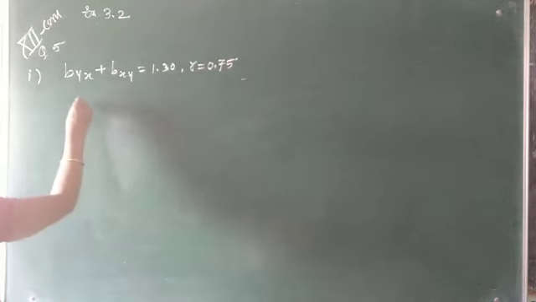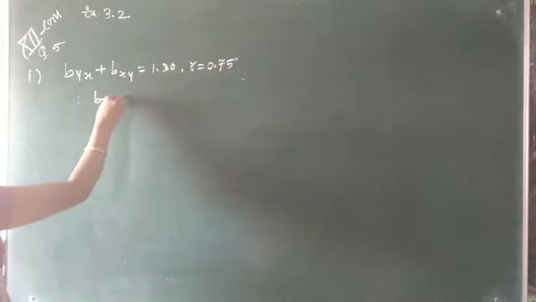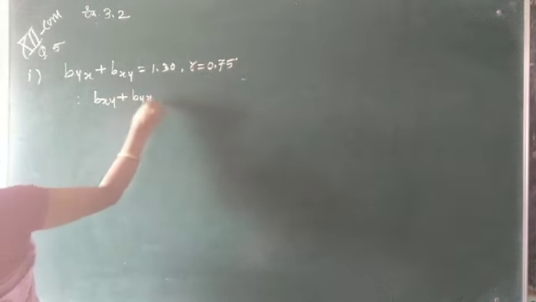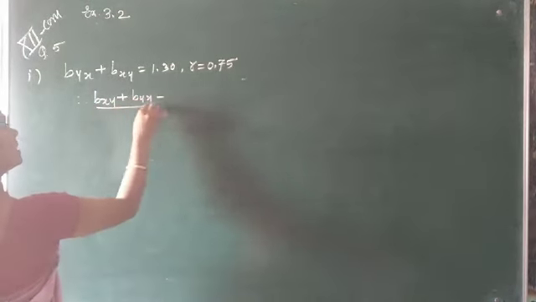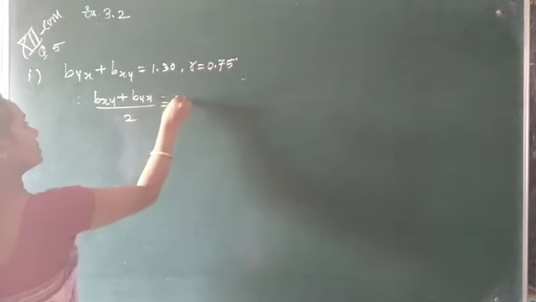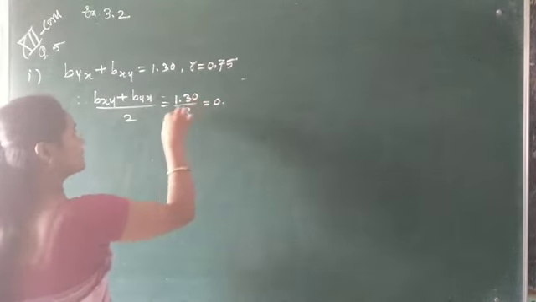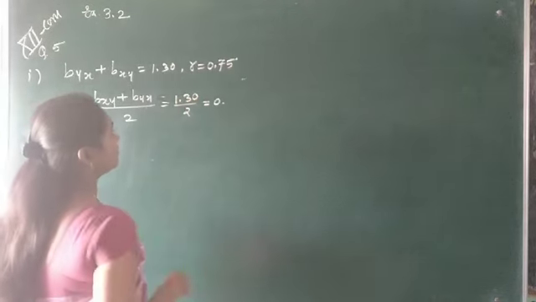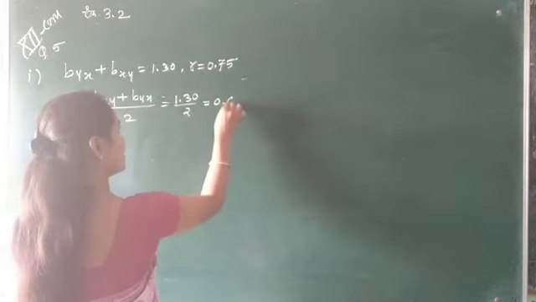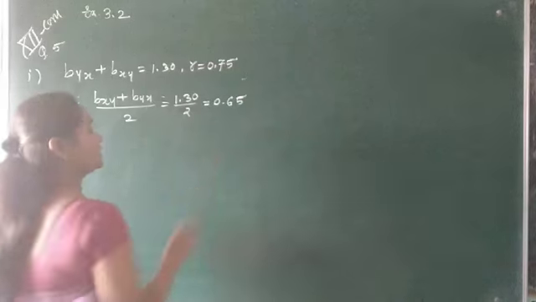So first we take bxy plus byx divided by 2, which is equal to 1.30 upon 2. If we divide this, it becomes 0.65.